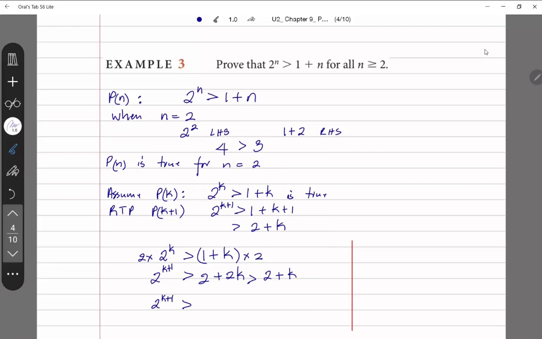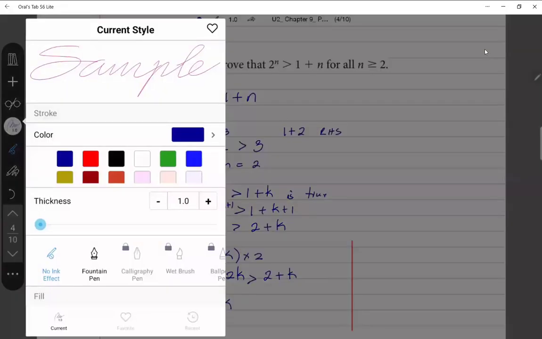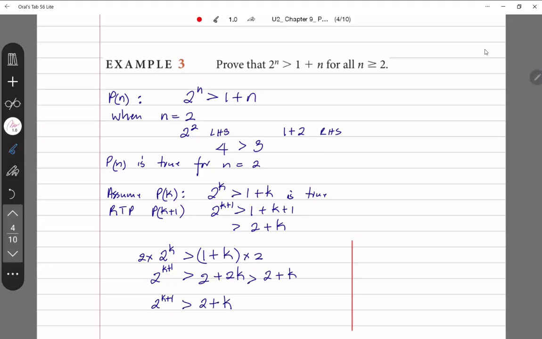And the basic reason for that is k is a positive integer that is greater than 2. Therefore, 2 plus 2k must be greater than 2 plus k. Therefore, 2 to the k plus 1 must be greater than 2 plus k, which is what I was required to prove.